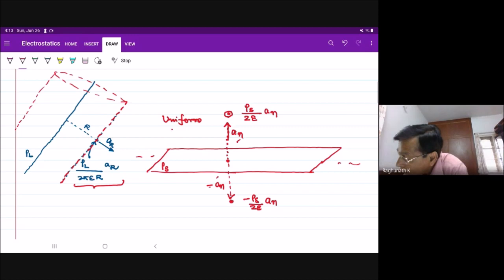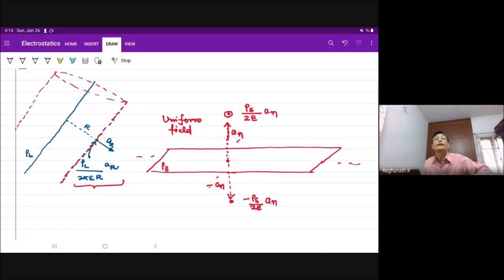Uniform field because in this region, the field is everywhere same. Field intensity being a vector, same says it is same in magnitude and direction at each and every point on each side of this infinite plane.